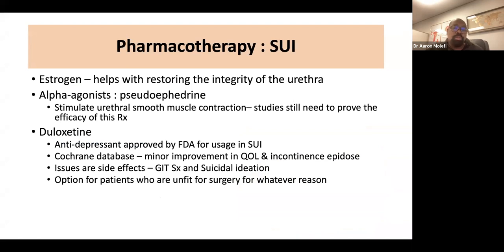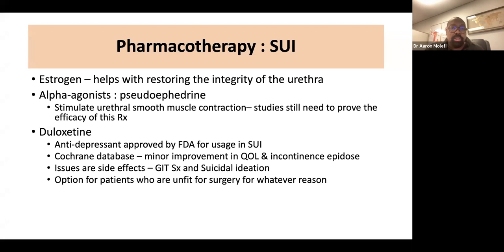Moving on to pharmacotherapy, estrogen has been described as one of the first line treatments that we can actually use. However, in our country recently, the estrogen vaginal cream, Premarin vaginal cream, is sort of discontinued. However, we can actually use Vagifem. It's vaginal tablets.